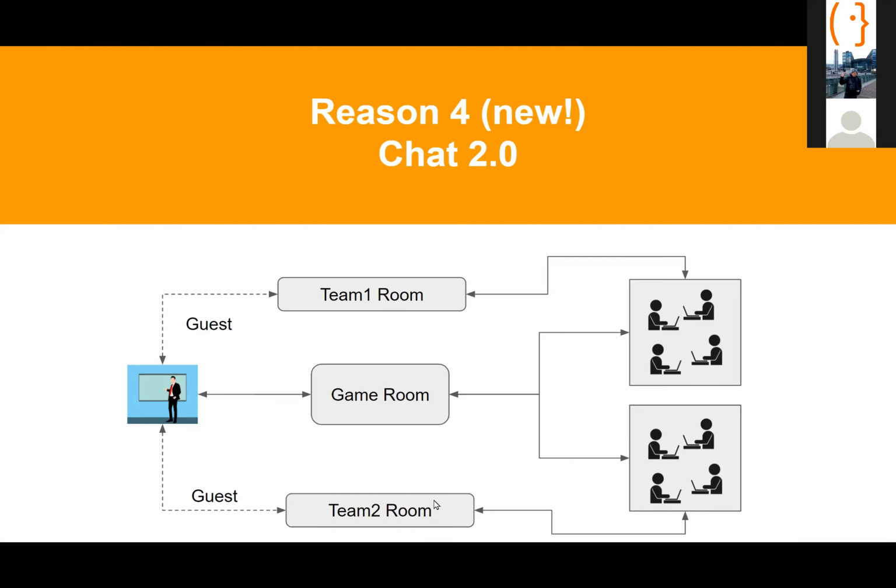The new 2.0 chat means that the CT can be a part of this team also, so that the CT can read their messages or participate in their discussion without participating in the game room's discussion. So you can split yourself into this room, or this room. And there could be many rooms, right? If there are 10 teams, there are 10 team rooms. So it becomes very versatile.